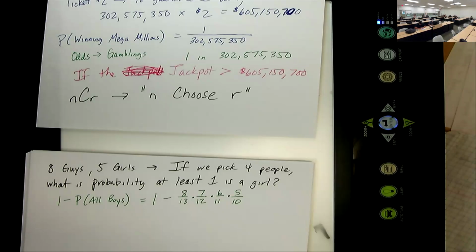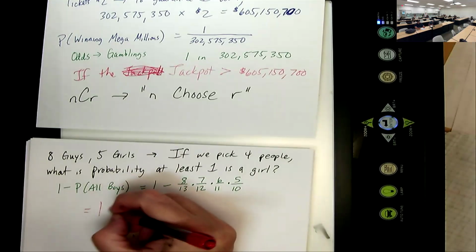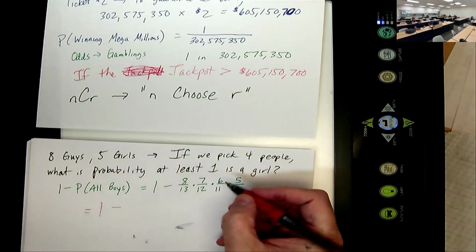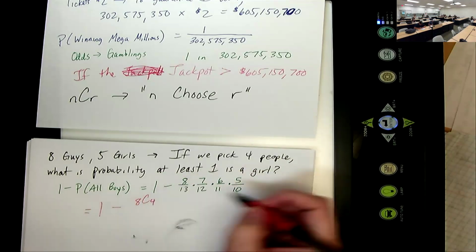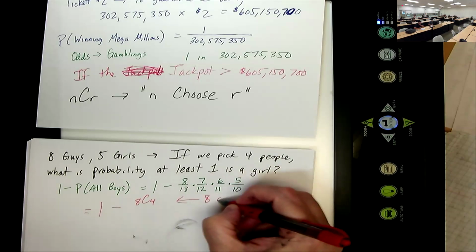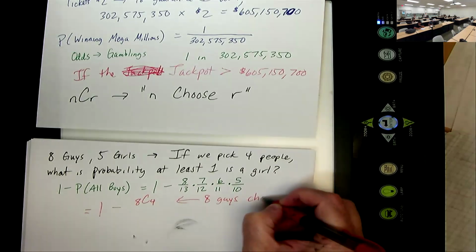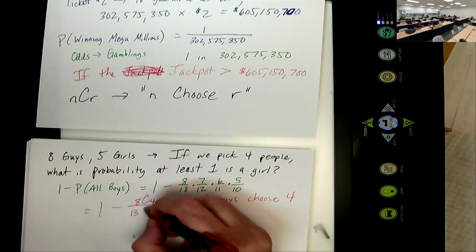There's a way of doing this with what we've been doing today. The alternative is we could do 1 minus, there were 8 guys and we're choosing 4 of them, out of 13 people, choose 4.